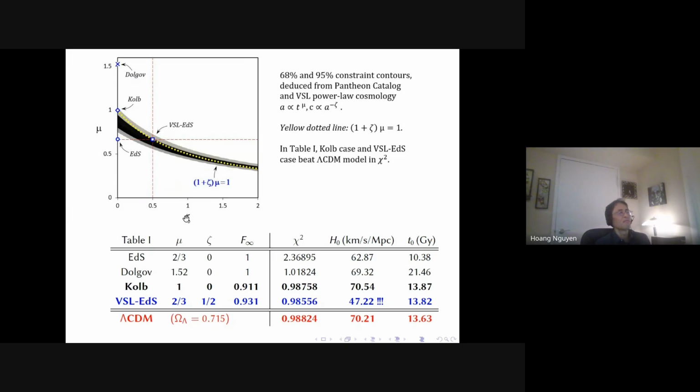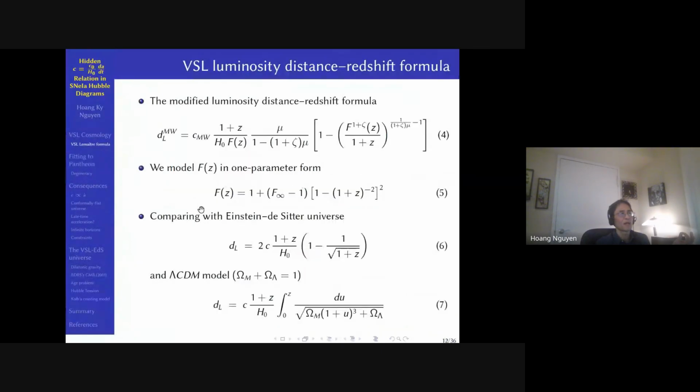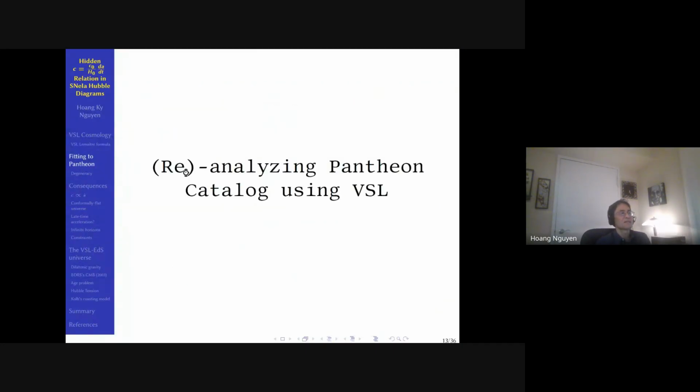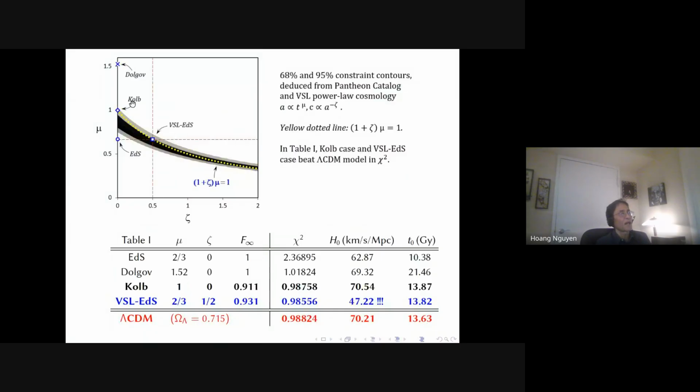So again, for a given pair of mu and zeta, let me go back to this formula. For a given pair of mu and zeta, I'm going to optimize the H naught and F infinity so that the modulus would fit well with Pantheon data. Okay? So this is the result. And so I vary this value for the whole grid here for different mu and zeta.